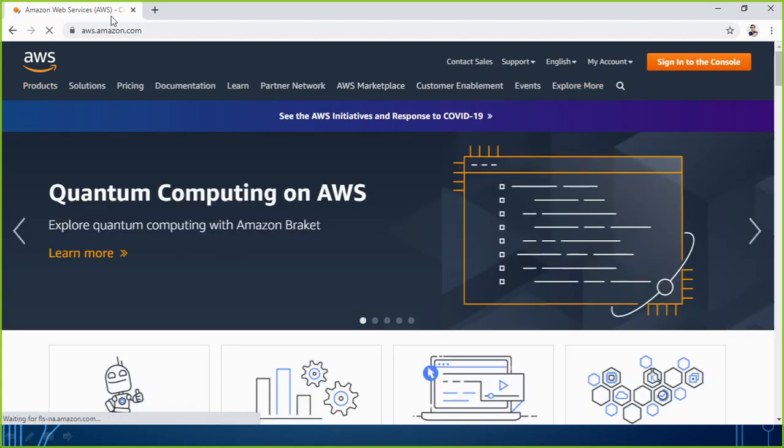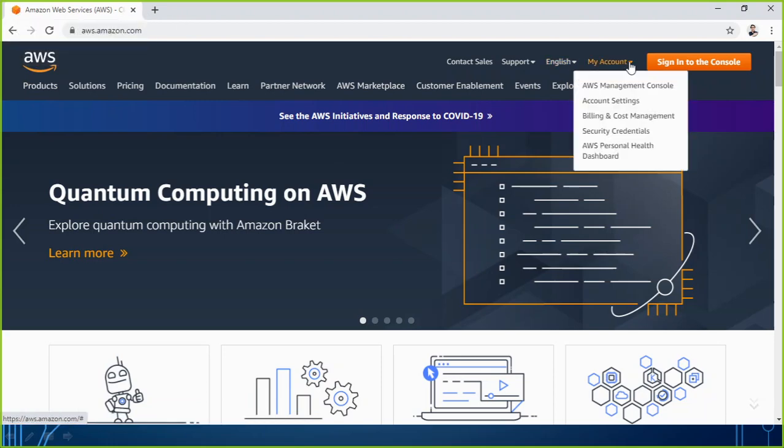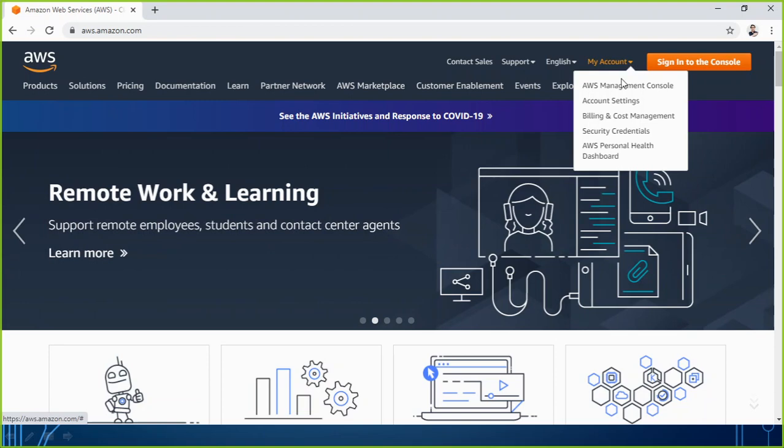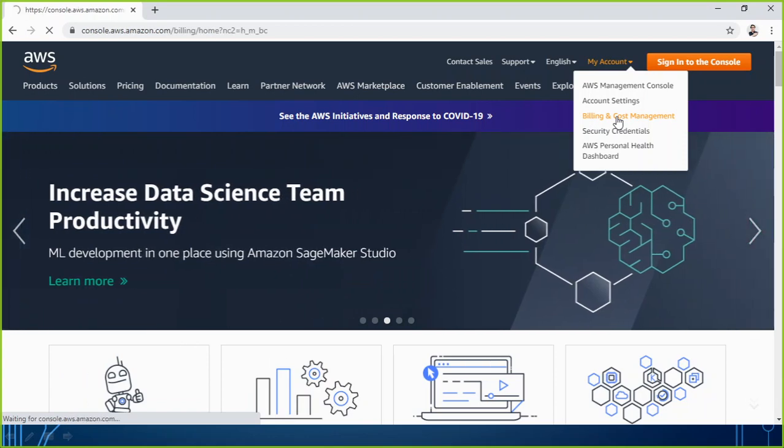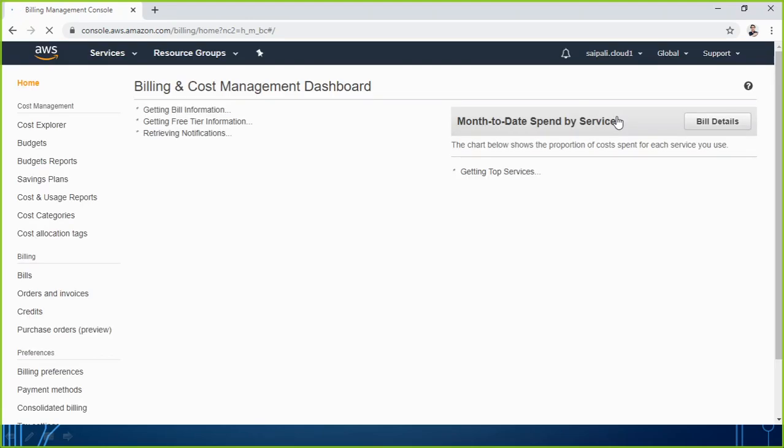When you have logged in with your user account, you will also be able to check your bill. For example, I go to my account, I go to Billing and Cost Management of this particular user account. So I will be able to see the bill also. For example, if I am running an instance more than the free hours, I will be able to see that bill from here.